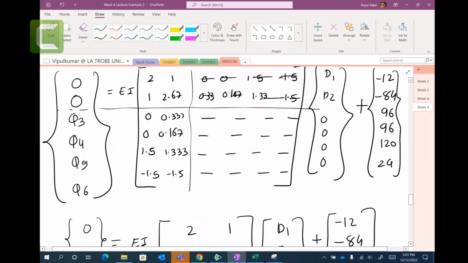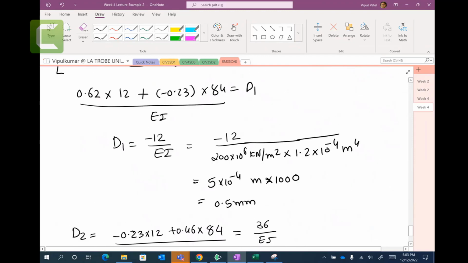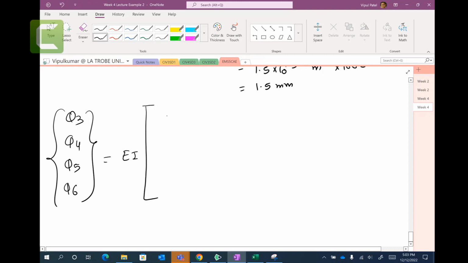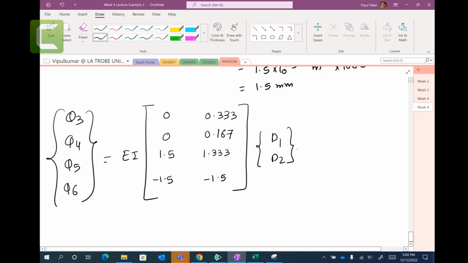Let me write it down in that format. Q3, Q4, Q5, Q6 is equal to EI times the matrix 0, 0.333, 0, 0.167, 1.5, 1.333, minus 1.5, minus 1.5, times D1, D2, plus 96, 96, 120, and 24.